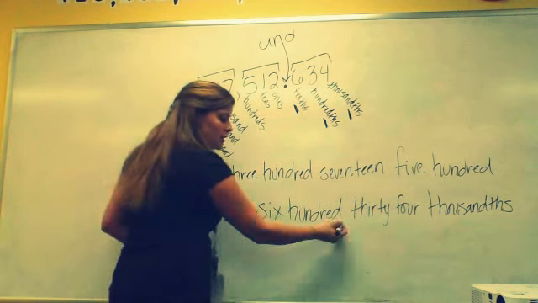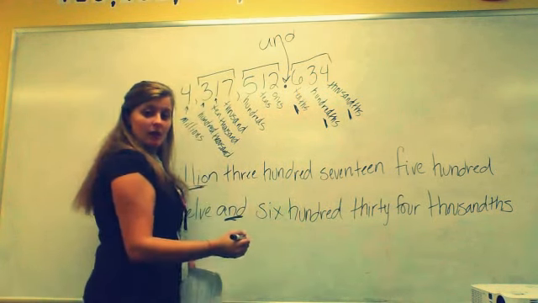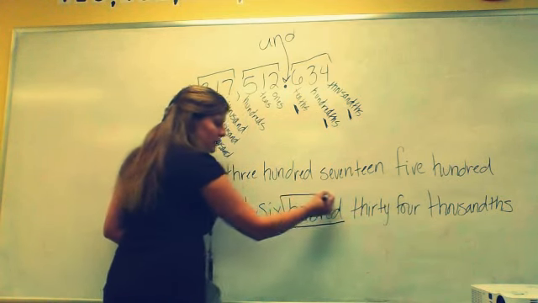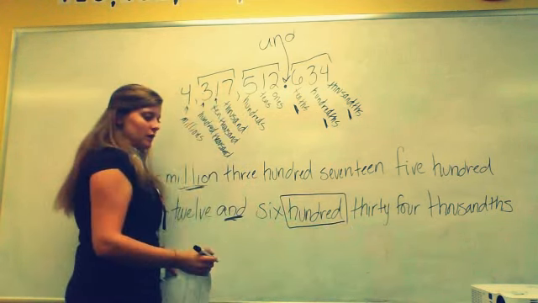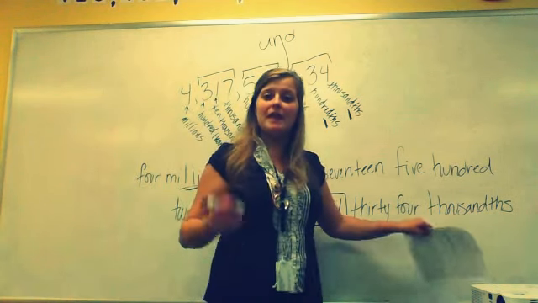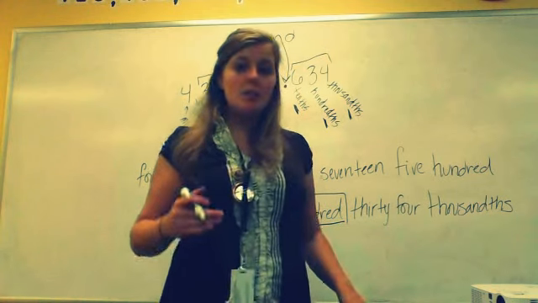Notice that THS isn't there. Alright? Just the word hundred right here by itself. I just want to highlight that real quick because it's 634 and then it ends in the thousandths position.